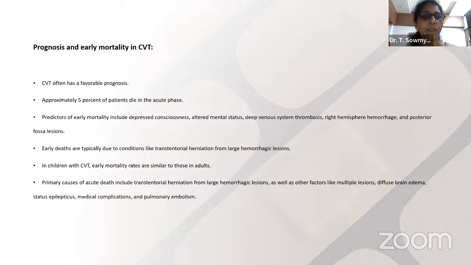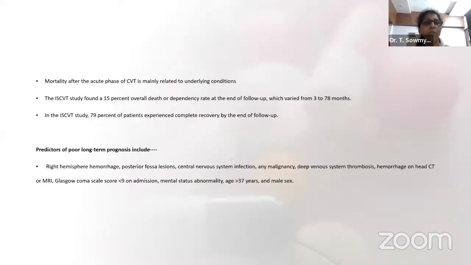And early deaths take place mostly with transtentorial herniation and large hemorrhagic lesions. And the primary causes of acute death include transtentorial herniation, large hemorrhages, multiple lesions, and diffuse cerebral edema, with patients presenting with status epilepticus, medical complications and pulmonary embolism. And mortality after the acute phase of CVT is mainly related to the underlying condition only.